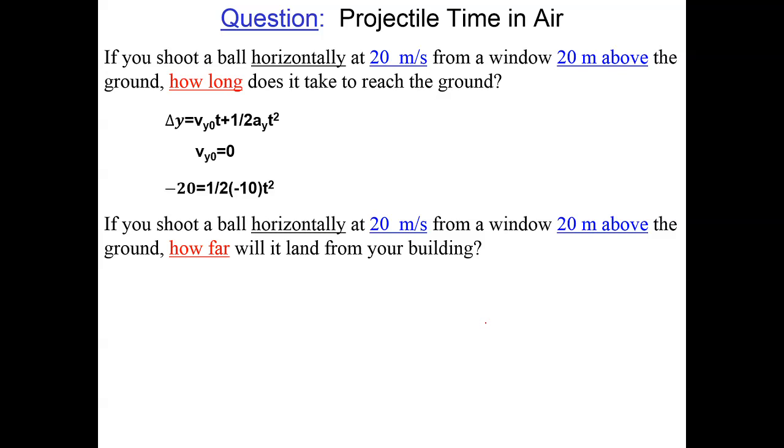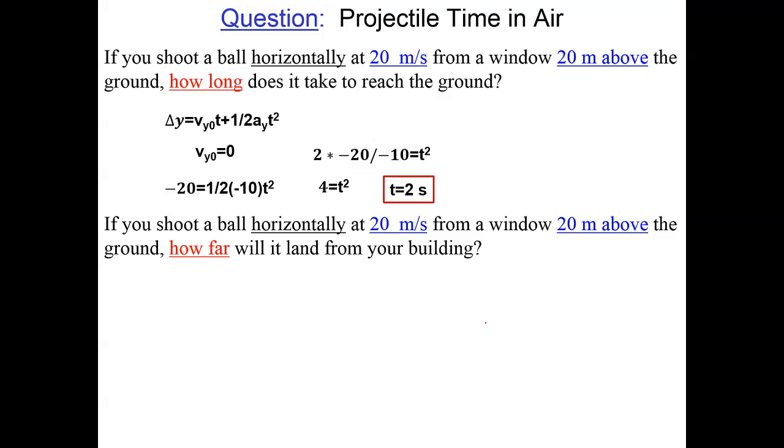The displacement here is negative 20 meters from the window to the ground, and our acceleration is negative 10. So we can do a little algebra: multiply by 2, divide by negative 10, and then solve for t. And so we find that it takes 2 seconds for our ball to hit the ground.